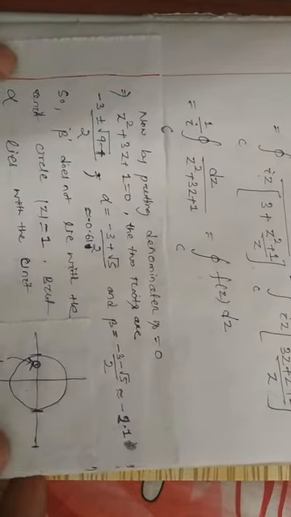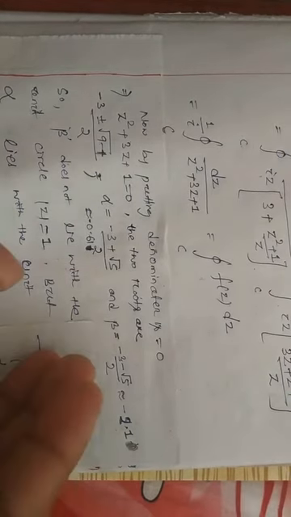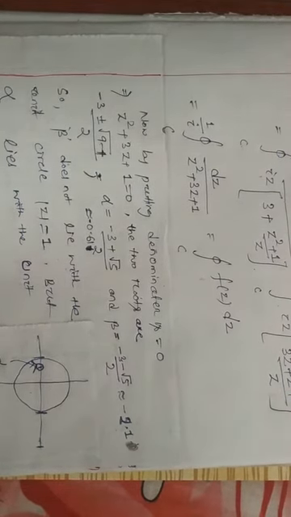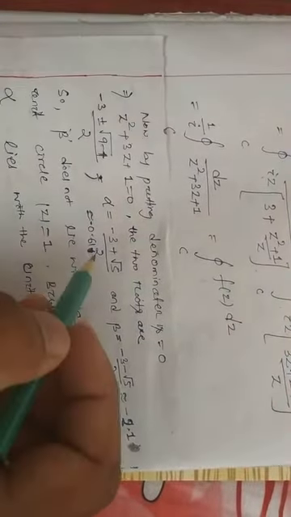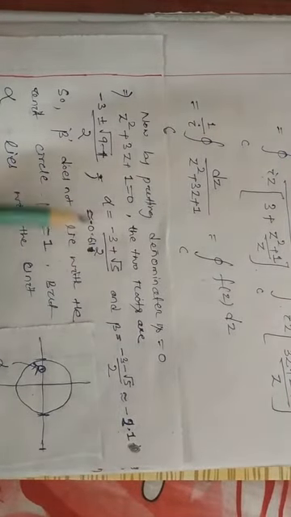So as beta does not lie inside, according to Cauchy's integral formula, as it is outside, its corresponding integration will be 0, so we should not consider it. We have to consider alpha here, and both alpha and beta are simple poles.